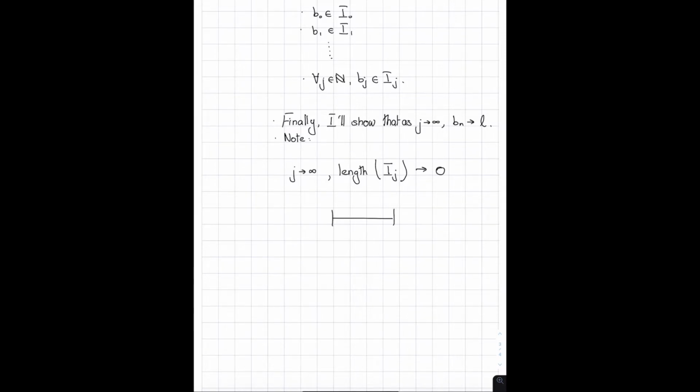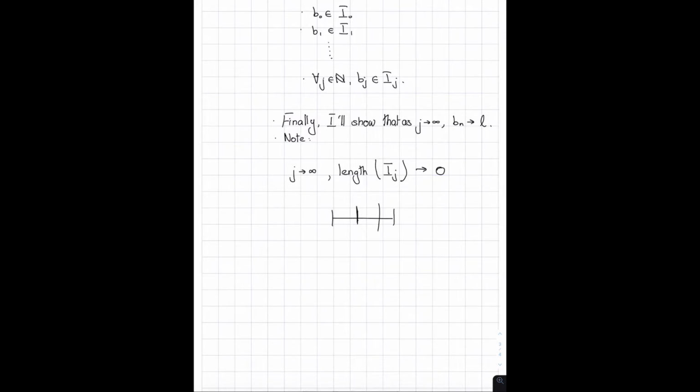Well, first of all, we know that L has to lie inside I of j, so it can either be an endpoint or it can be somewhere in between. If it's somewhere in between, then no matter where b of n lies, its distance from L will always be less than the length of I of j, because b of n also has to be inside I of j.